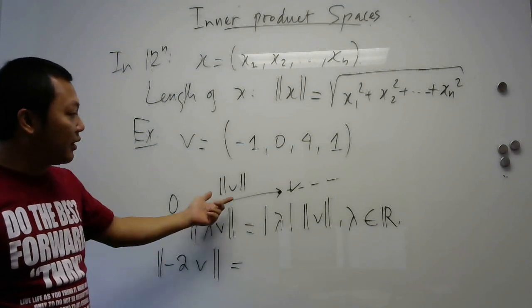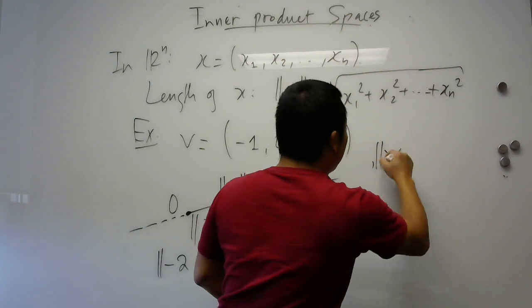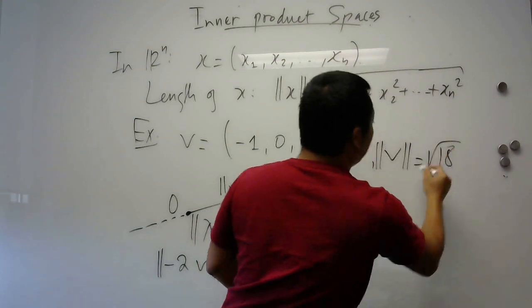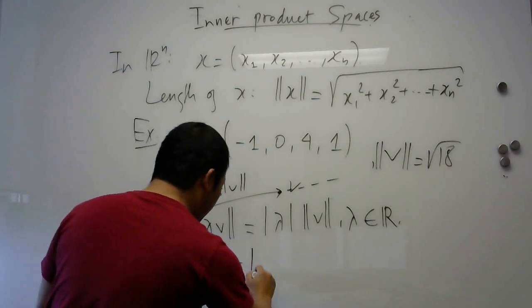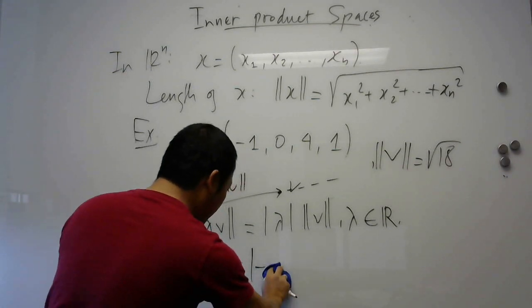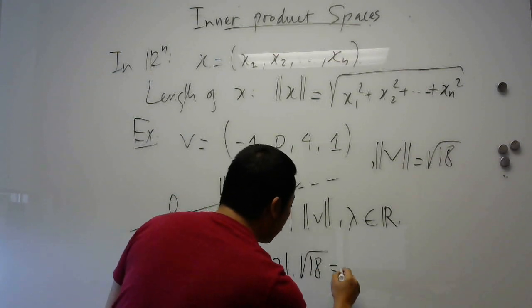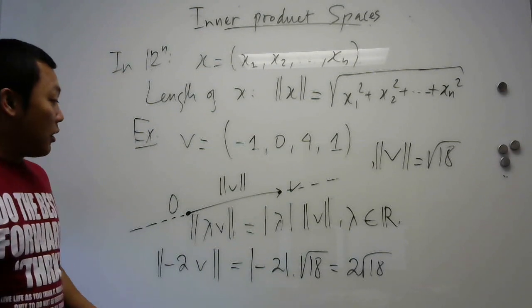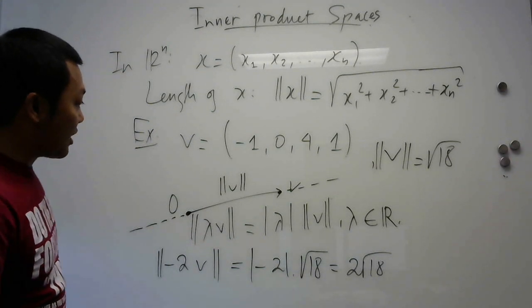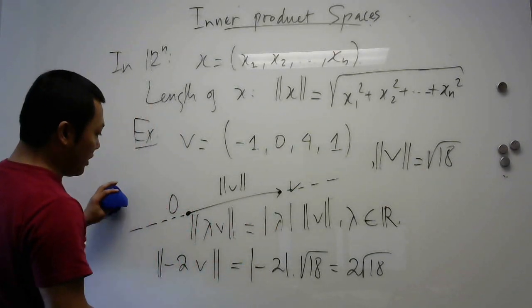We already have the norm of v. Where's the norm of v? I guess the norm of v should be the square root of 18, right? Based on this, you just have the absolute value of negative 2 times the square root of 18. So you get 2 square root of 18.